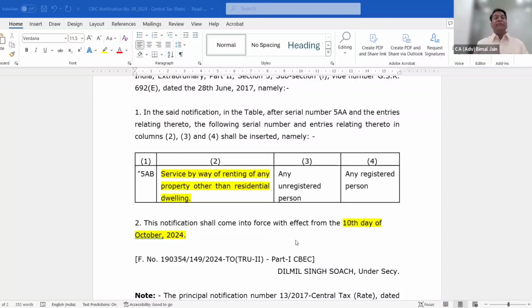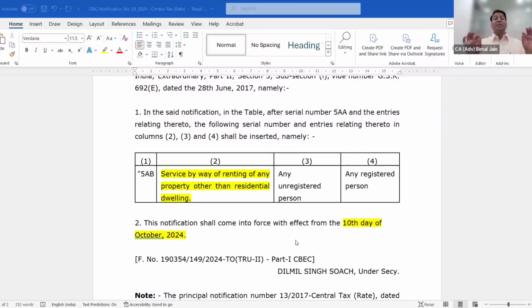If you go back to the 54th GST Council meeting, they had recommended that commercial property which is being let out by an unregistered person to a registered recipient would be subject to RCM. But the notification is now saying any property other than residential dwelling.